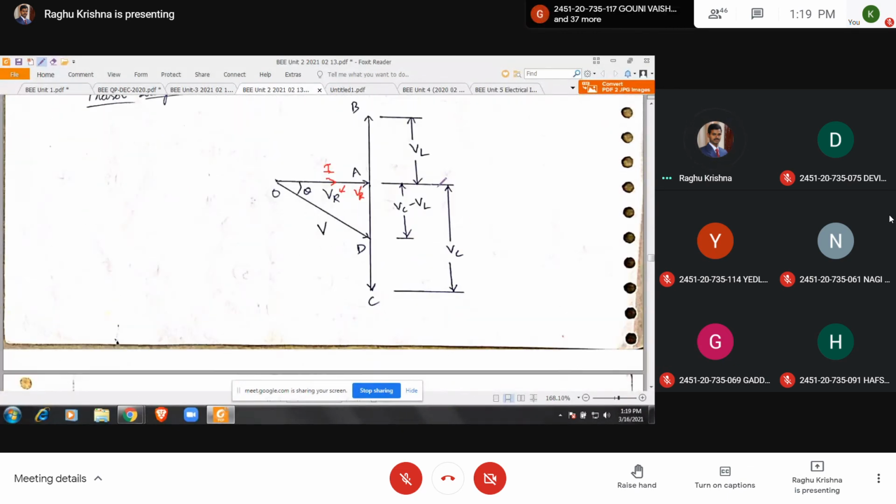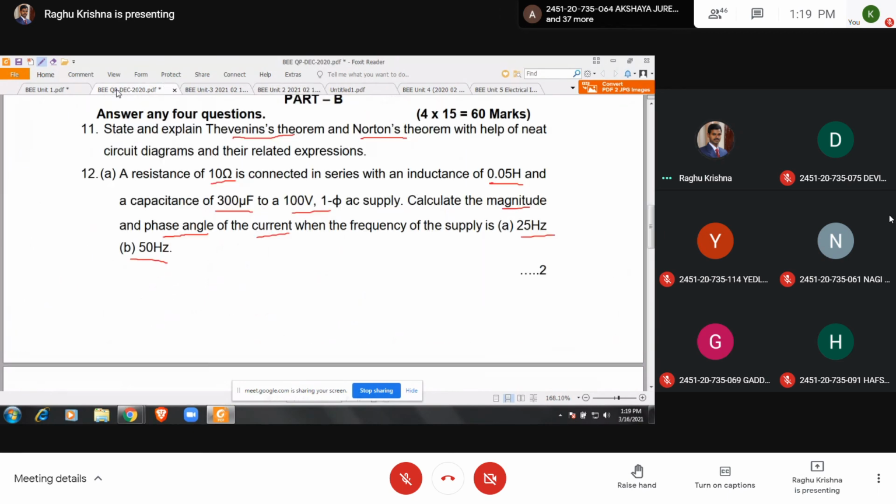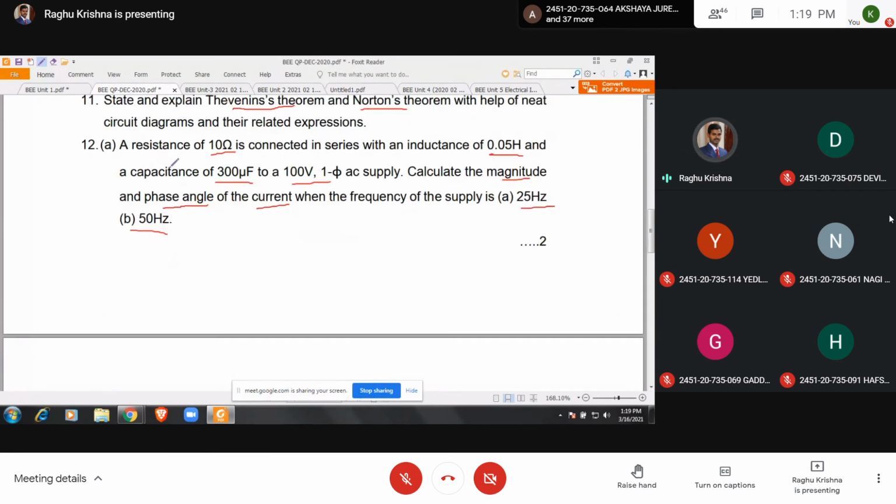Here VL is less than VC. So both are opposite. VL and VC are opposite. Is it clear? Shall I proceed to the next question? Okay, this is about RLC.